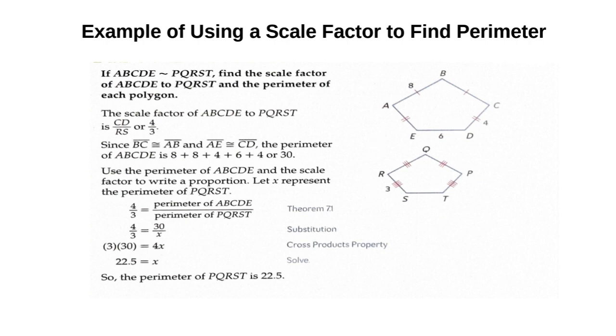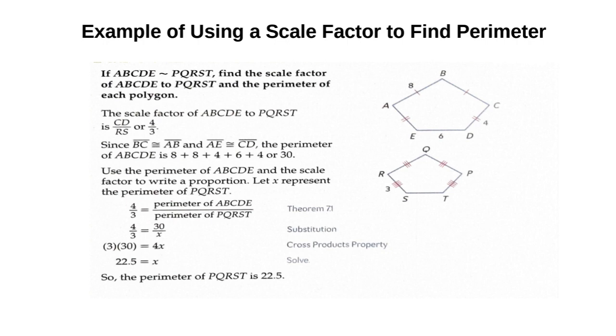Now let's use this information to find the perimeter of PQRST. So from the previous theorem, we have the perimeter of ABCDE divided by the perimeter of PQRST equal to the scale factor 4 over 3. Now let X represent the perimeter of PQRST. By doing the substitution, we get 30 divided by X equal to 4 over 3.